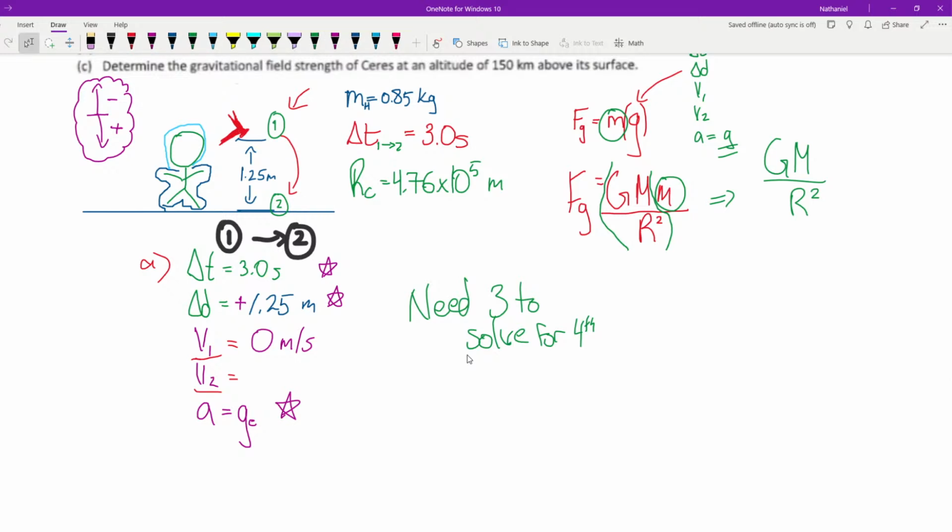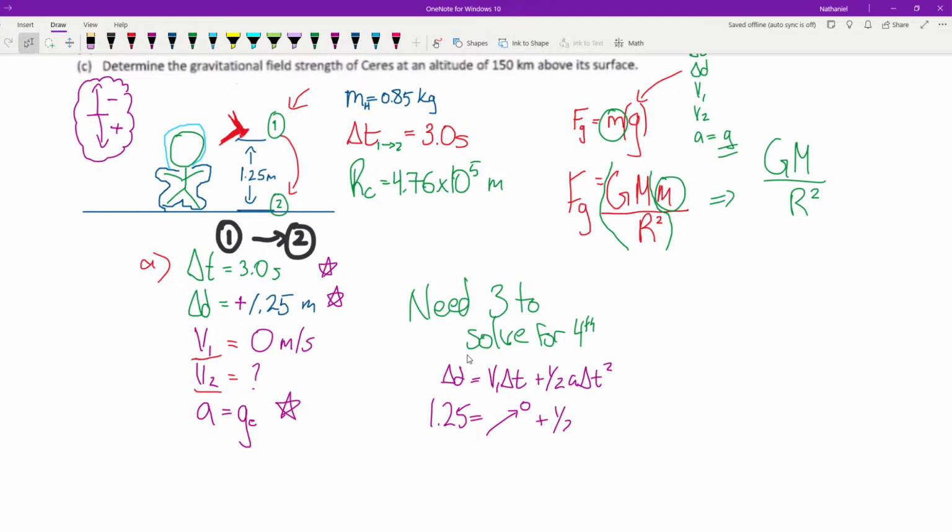So what are we doing? We have to use the equation that doesn't have V2 in it because I don't know it, and I don't care. So delta D, 1.25, is equal to V1 delta T plus 1 half G delta T squared. V1 is 0, so I don't care what that term is because it's going to be 0.